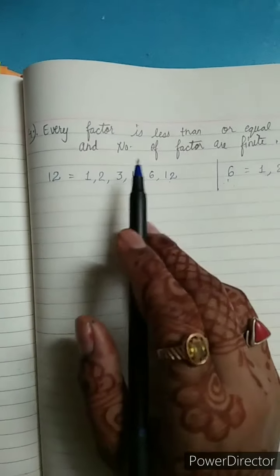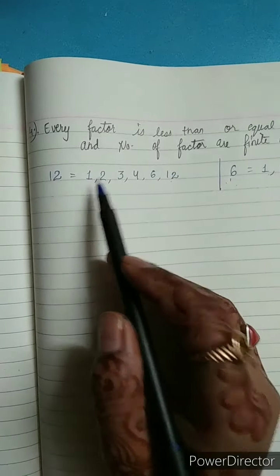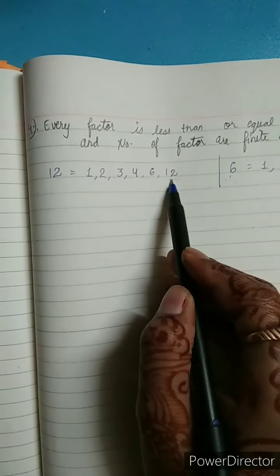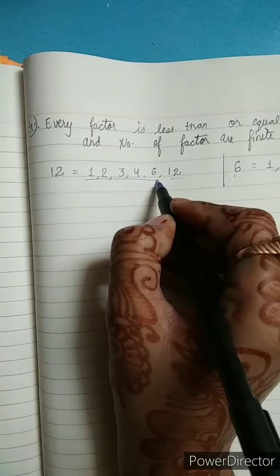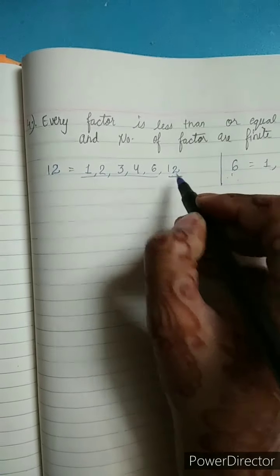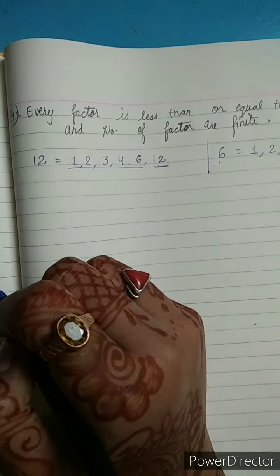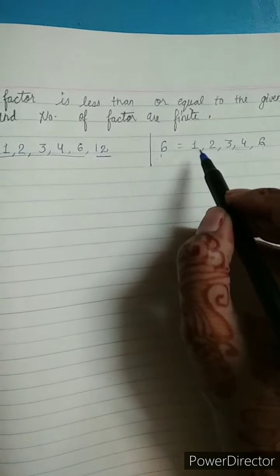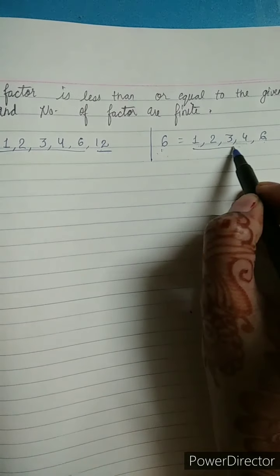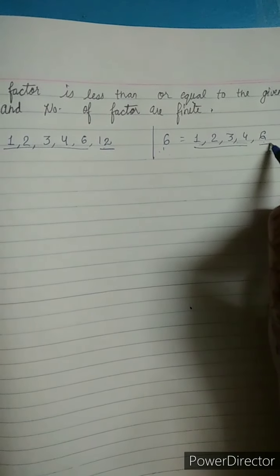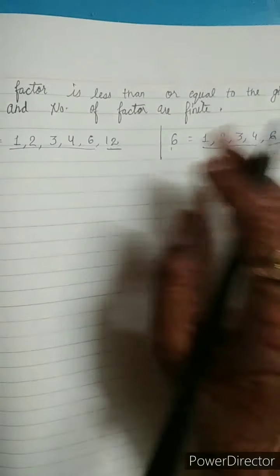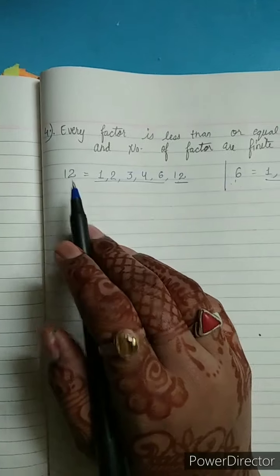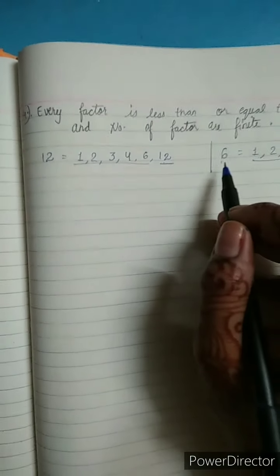As you can see, every factor of 12 is always less than or equal to 12. Same in 6, we have every factor either less than 6 or equal to 6. We don't get any factor greater than the taken number, that is 12 and 6.